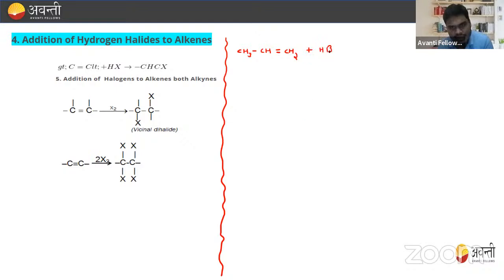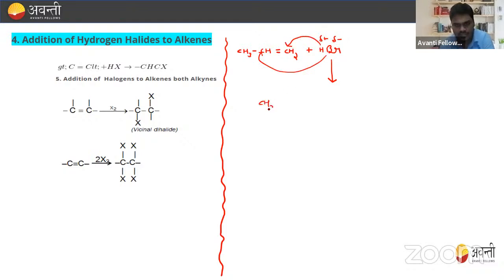Now we add HBr to it. This is called a hydrogen halide. This end is partial negative and this end is partial positive. According to Markovnikov's rule, the negative part goes to the carbon atom which contains the lesser number of hydrogen atoms, so the negative part goes to this carbon and the positive part goes to this carbon.